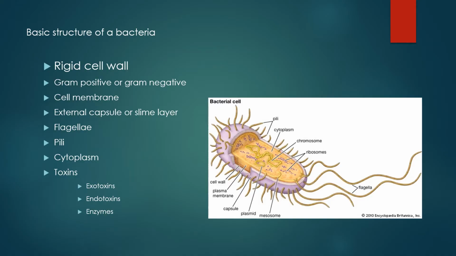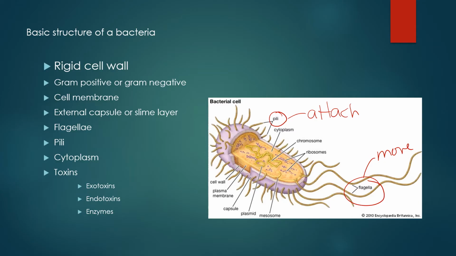Remember that external capsule is one of those features that increases pathogenicity because it's built in to help avoid the host defenses. They might have a flagella that helps them to move, to get by and get through. Some would have pili or fimbriae, like we mentioned before, and the pili are there to help them attach, whereas the flagella helps with movement, so they're able to move once they enter the host body.